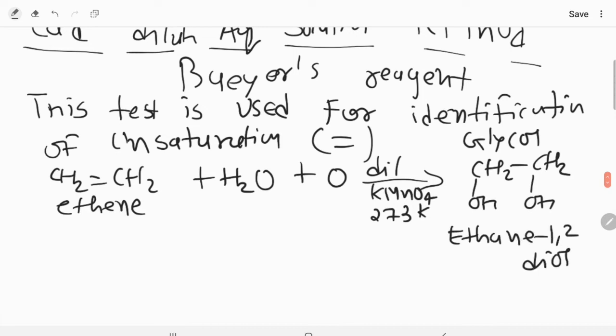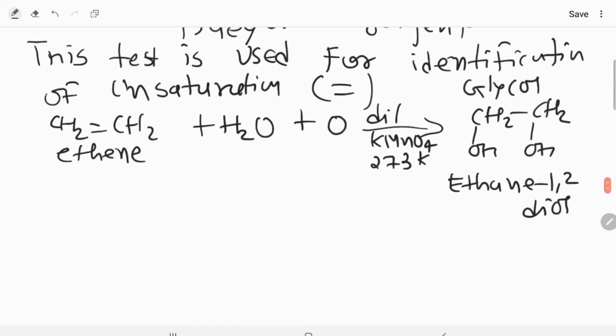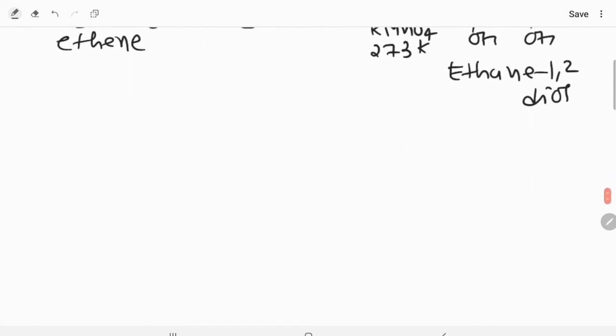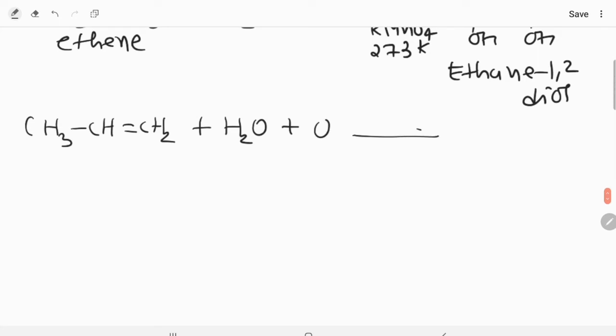In a similar way, you can take one more example, suppose you are given the propene molecule, CH3CH double bond CH2. When it reacts with H2O, actually H2O is already present due to the dilution of KMnO4. It's dilute KMnO4, and you have to take it cold, so 273 Kelvin, or you can also write 0 degrees Celsius.